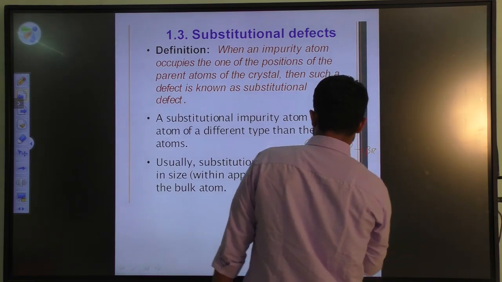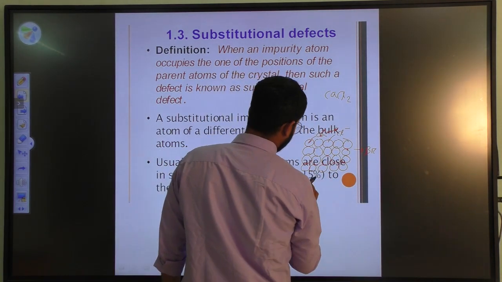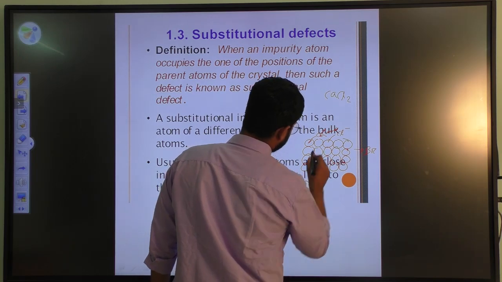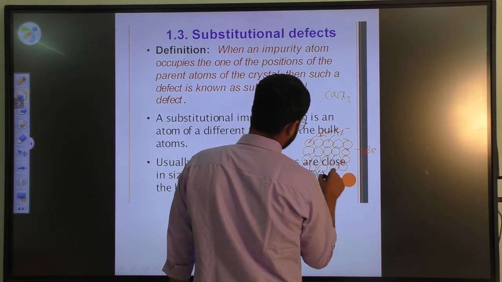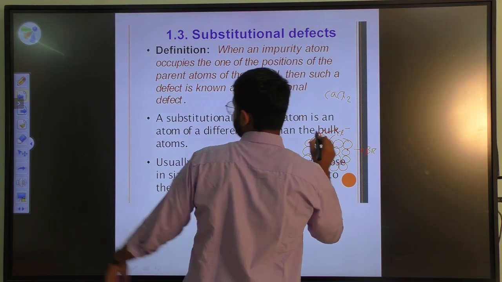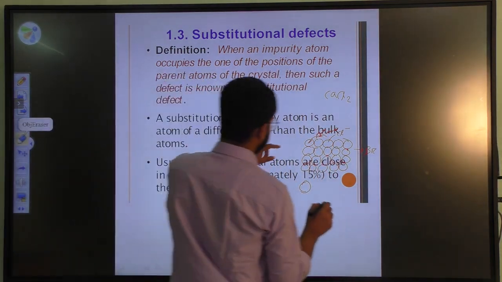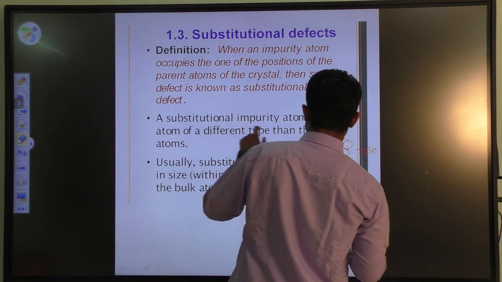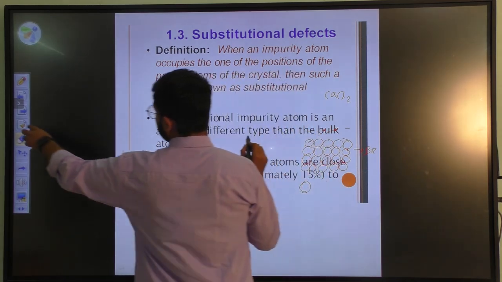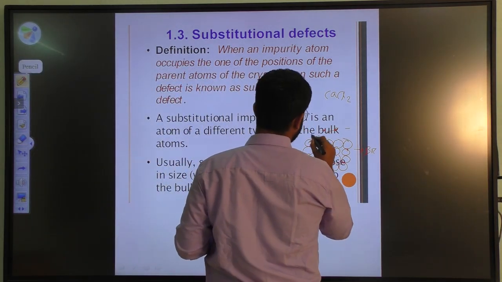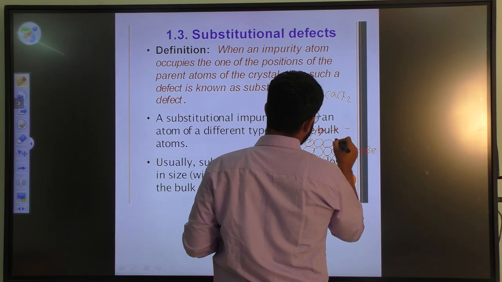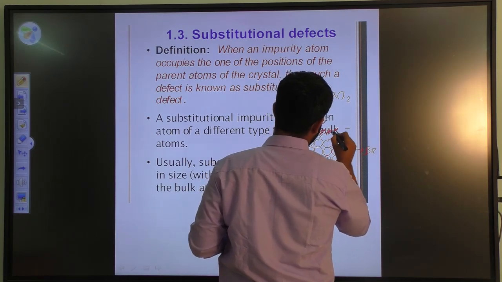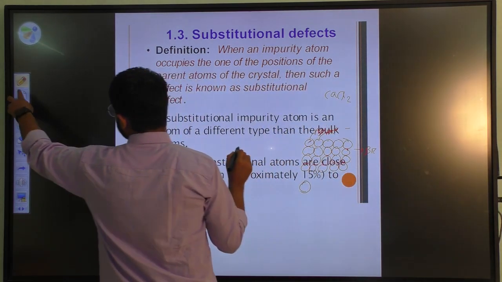We can also consider Ag as in the previous example, AgBr, Ag and Br.